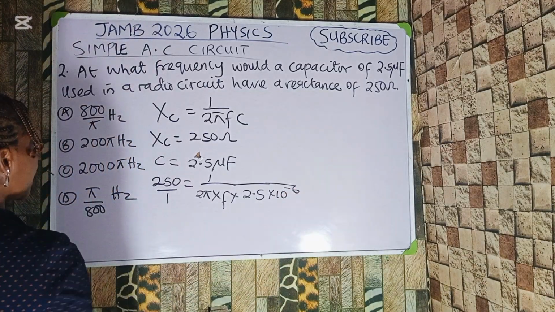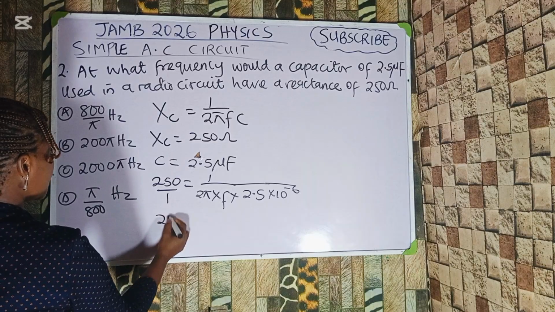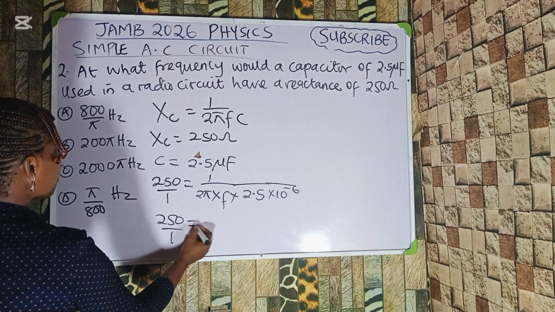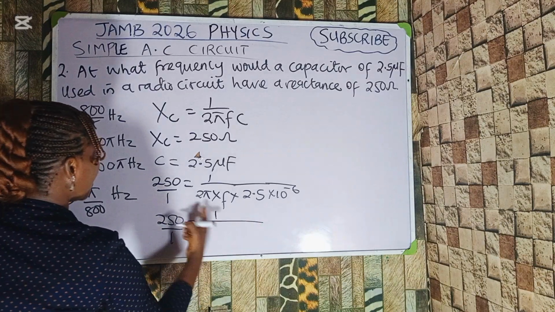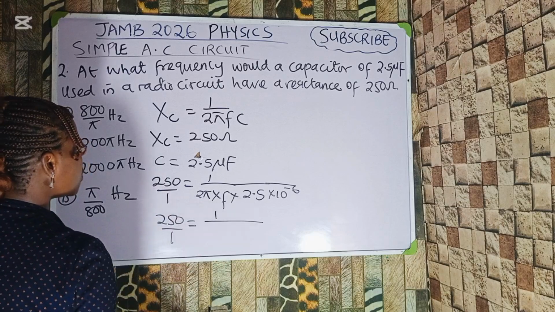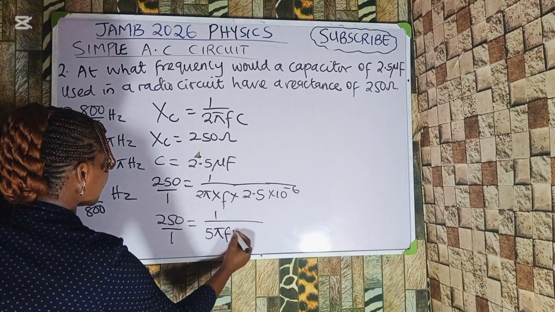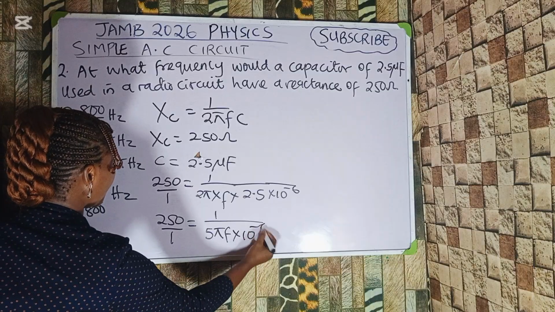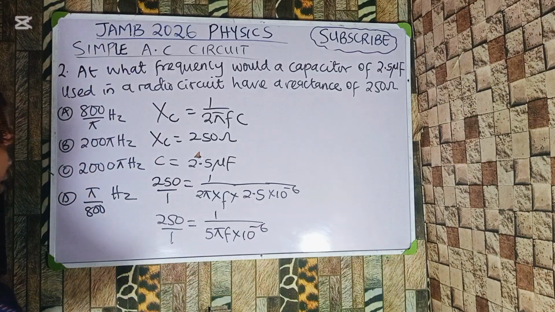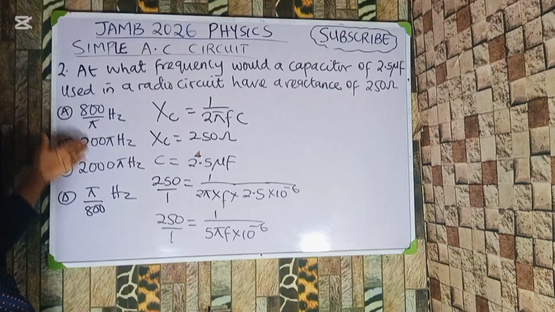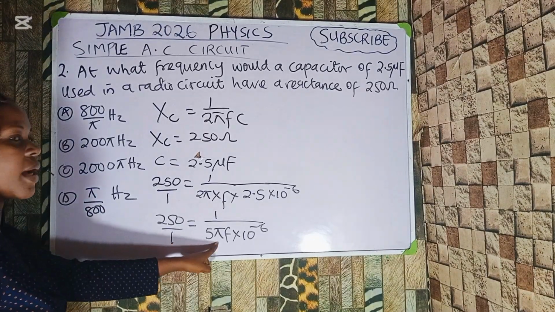Okay? So let's go again. This is 250 over 1 equals 1 over 2 times 2.5, which gives me 5. So this is 5 pi F times 10 power minus 6. Okay, so let's work it out. Remember, the answer is left in terms of pi, so you're not changing this pi, right?